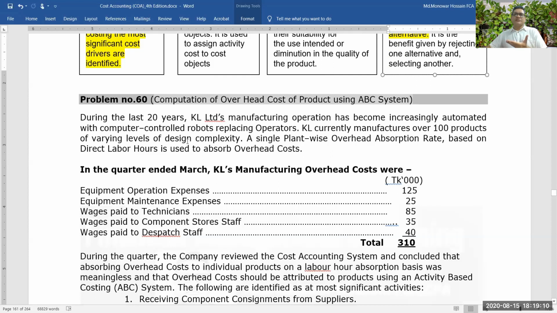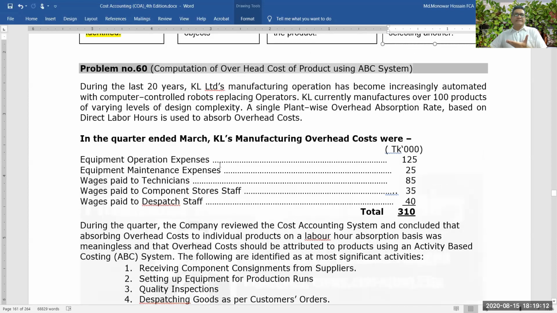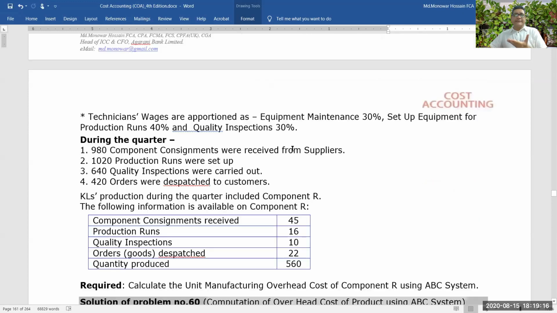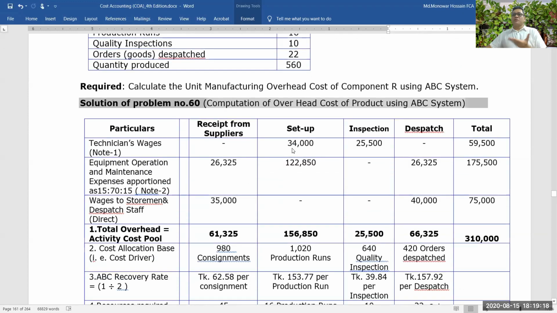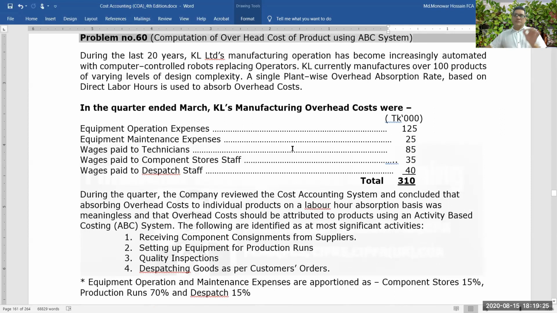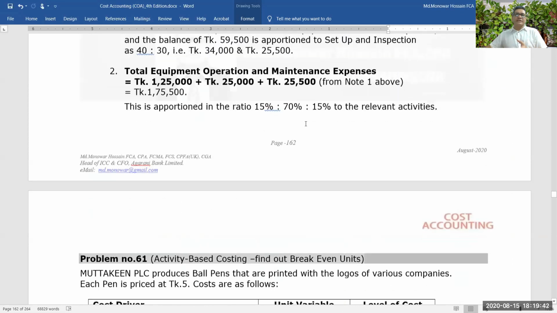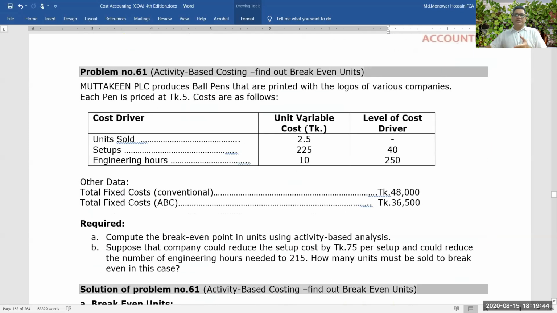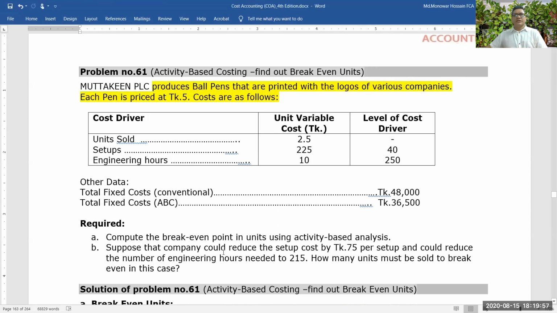Compute overhead cost as per the following. Look here. I think you can download this from my Google Drive. All solutions are included here, so you will easily be able to do it. Motokane PLC produces ball pens that are printed with the logo of various companies.